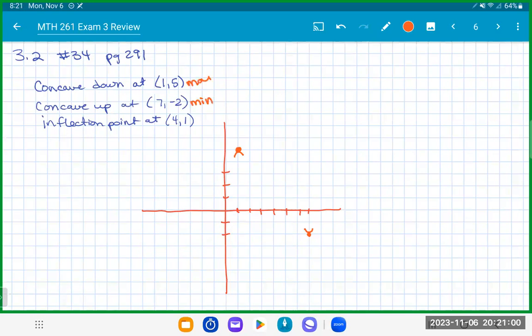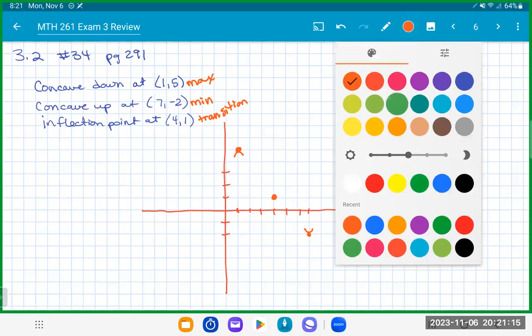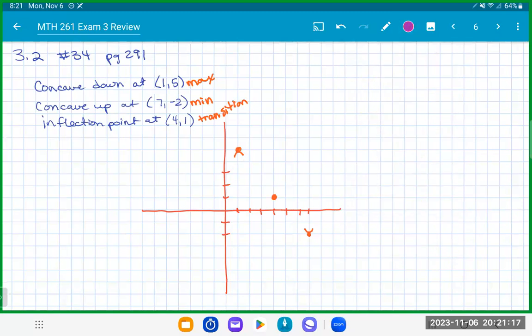This one told us that we had a max. And an inflection point is that transition. That occurs at the point (4, 1). So we come over here, (4, 1), that's our transition. When we draw all of that in, we know that it's coming somehow like this. It transitions, and now we're coming like this.